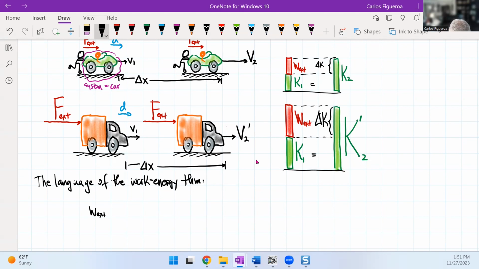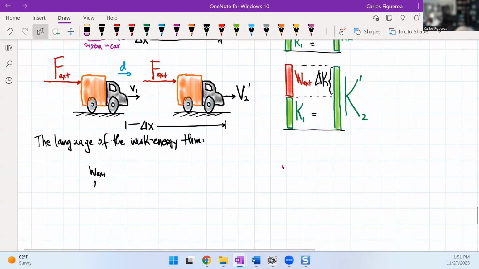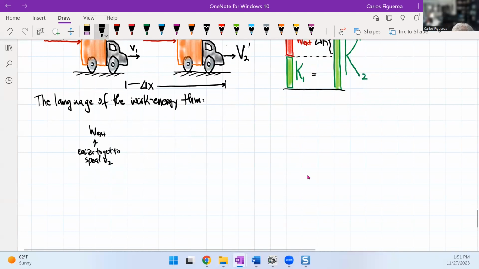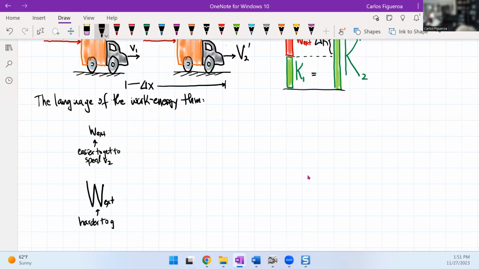In other words, it was easier to get to speed V2. The truck had a larger external work. And then we say that it was harder to get to speed V2.